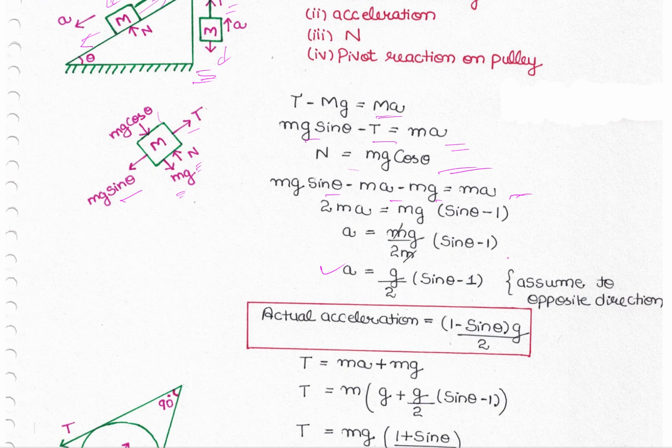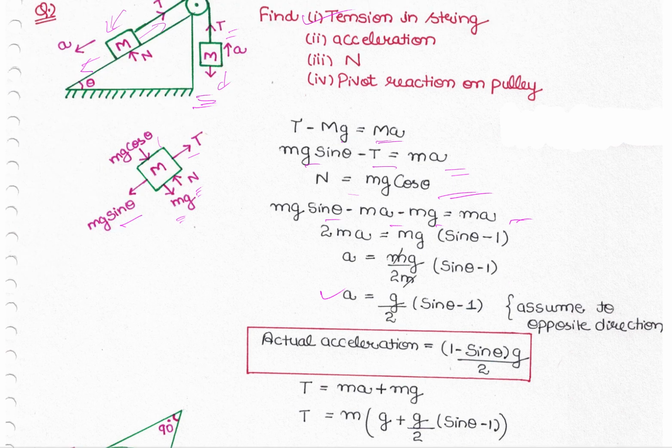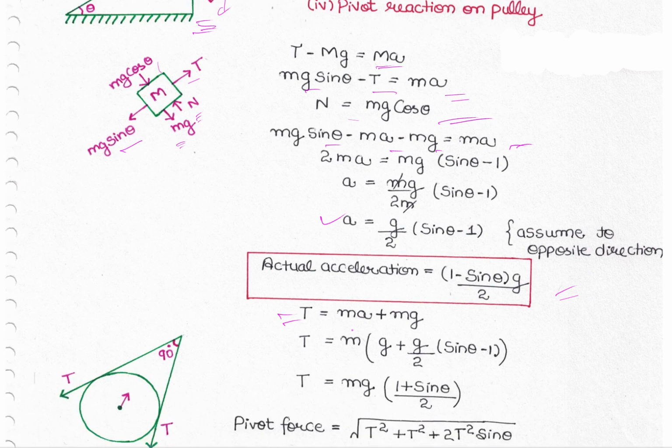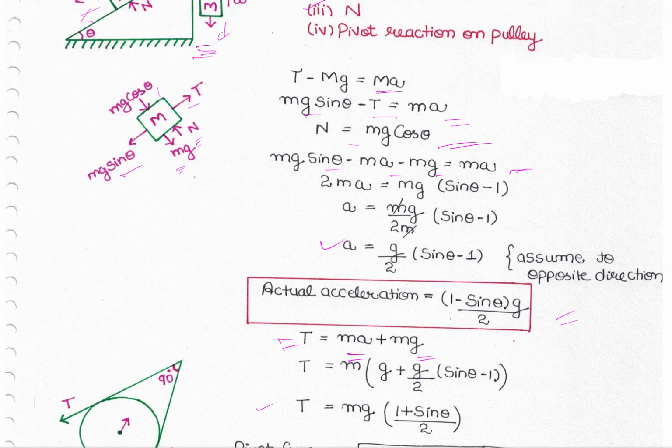So its actual acceleration is 1 minus sin theta into g by 2. Now its tension would be T is equal to ma plus mg. If we put this value, we get T is equal to mg into 1 plus sin theta by 2.